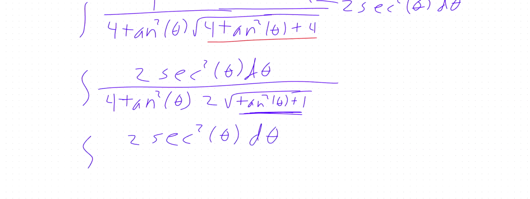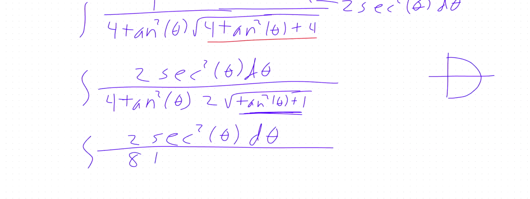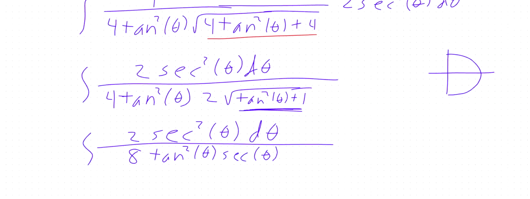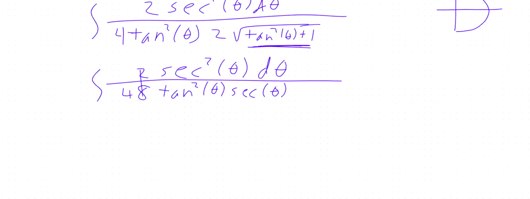But again, if we would restrict our setup here to being where our, and if we multiply that 4 times 2, one of those will cancel one of those.